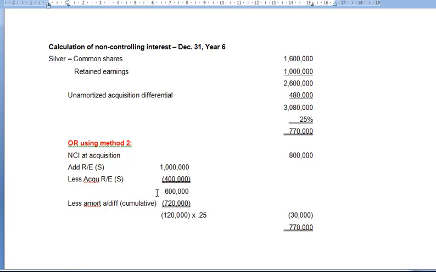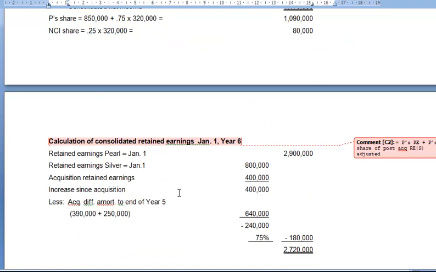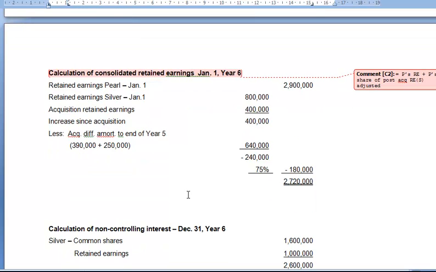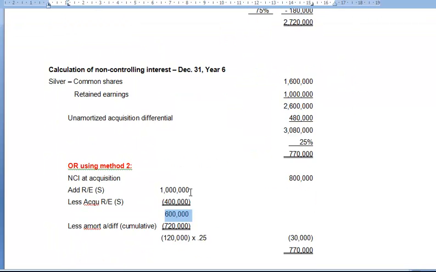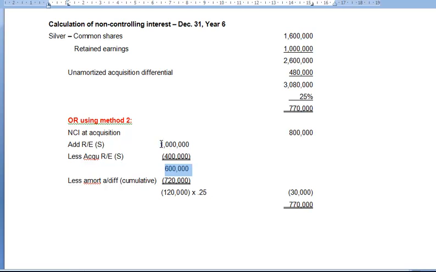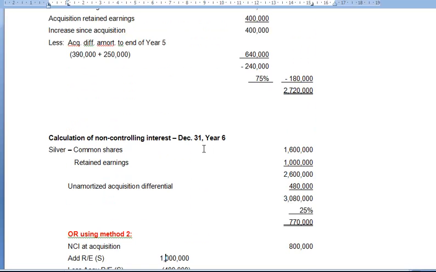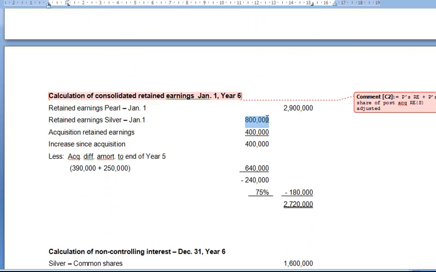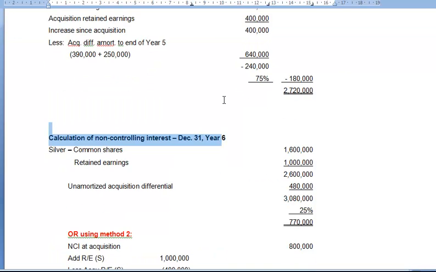So I'm going to have the post-acquisition retained earnings of the sub at 600,000, because my retained earnings at the end of year 6 for the sub is $1 million, right? Notice here, when I was using it here, it was 800,000, but that's at January 1, so that doesn't count, right? It doesn't count in this calculation because I'm at the end of year 6. Here we are at the beginning of year 6.